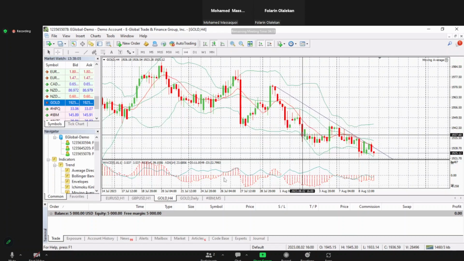Let's see how much profit. 76 pips. So 76 pips, which is lots of profit. So sometimes you might not trade if you feel like the Bollinger band is too close to you.